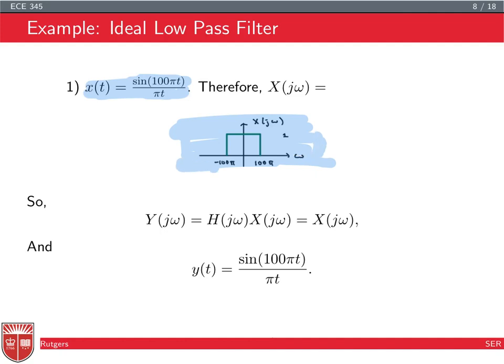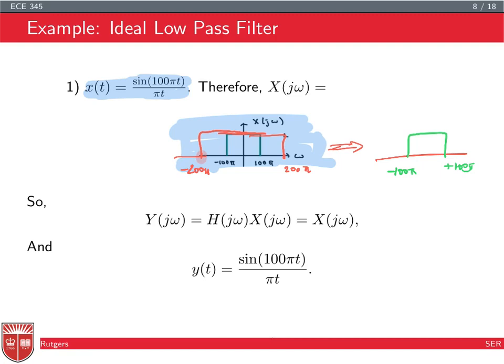To find the output, we take the product with the filter, which is between minus 200 pi and plus 200 pi, and the gain is 1 also. When you multiply the red thing with the green thing, you get the green thing, so you get this box between minus 100 pi and plus 100 pi.